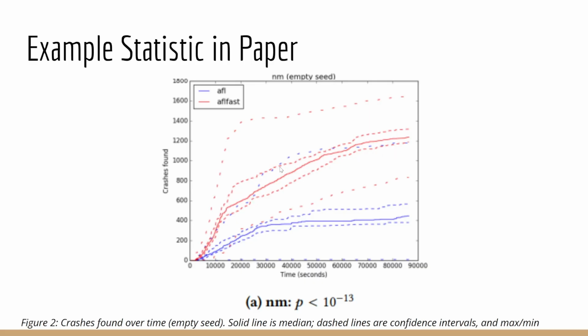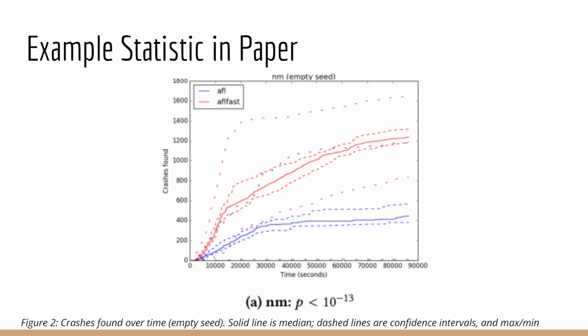If you did not do multiple tests or didn't calculate whether the results were statistically significant, you might incorrectly conclude that AFL and AFL fast perform the same, or maybe you only do one run of AFL fast and you get this low red dotted line here. Maybe you conclude AFL is better at finding crashes than AFL fast.